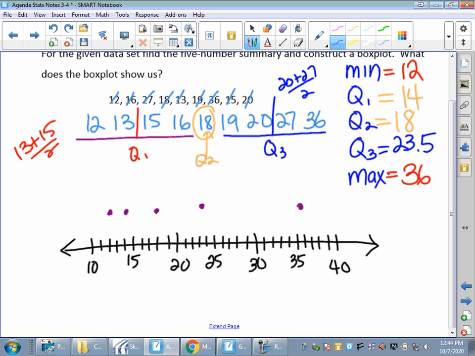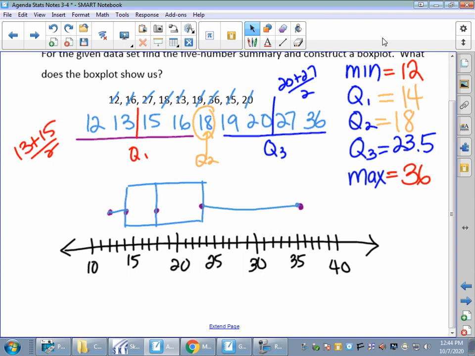All right, so now I go ahead and I make vertical lines through my Q1, Q3, and technically my Q2 as well. So a line, a line, and a line. I'm going to connect those guys like that. And then I connect the whiskers to each one of my min and max. So I've got myself a box plot.